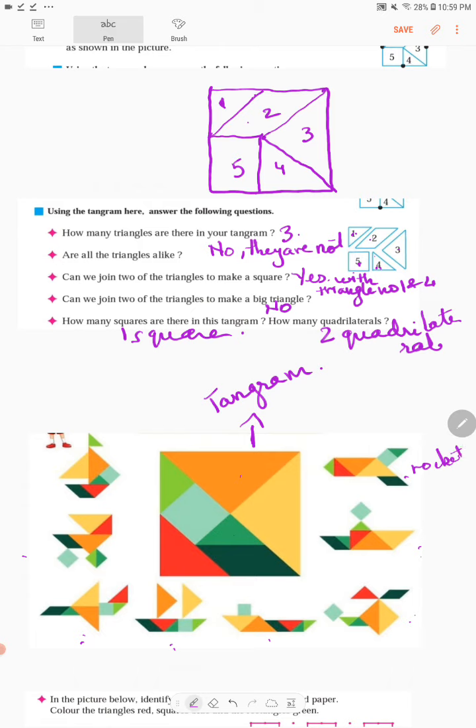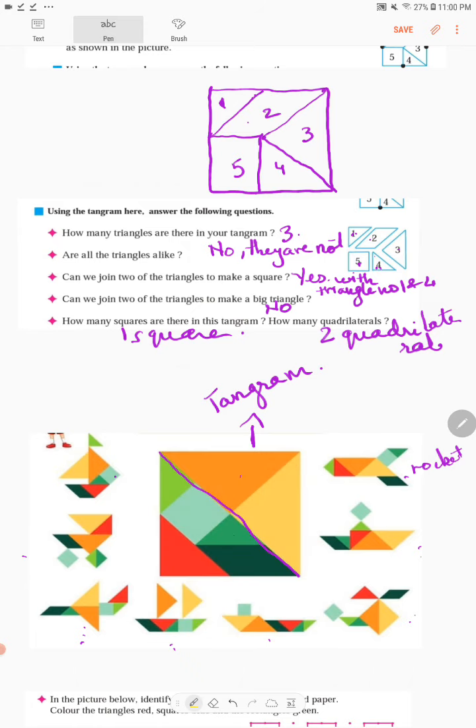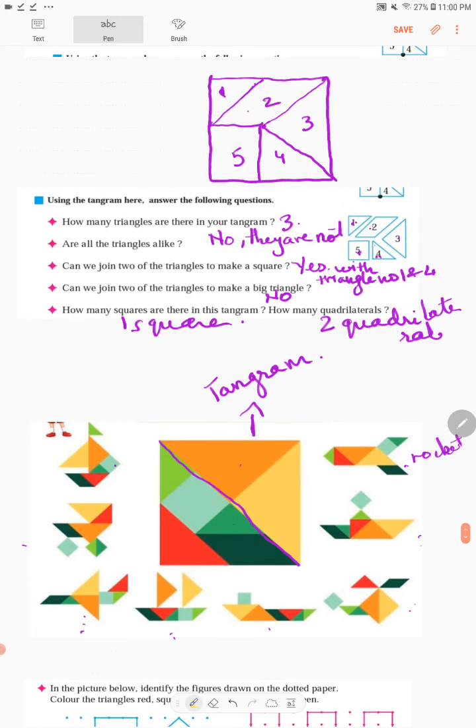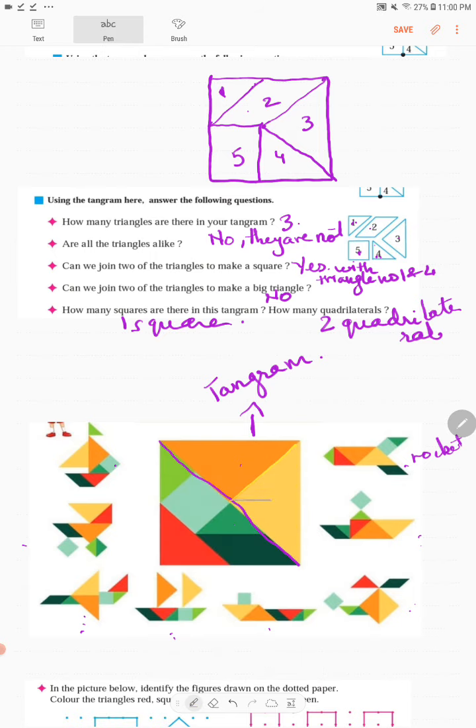So what you do is you take one paper and draw these lines. First draw this line. Okay. Then you draw this line. Then you draw this line. Okay. Now at this corner, make this line.